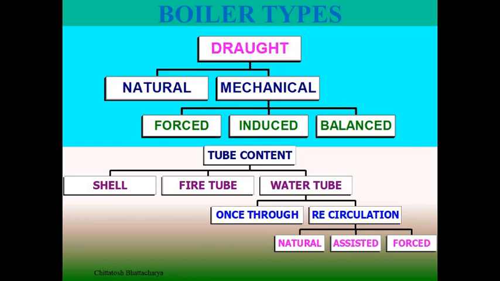Again, these water tube boilers may be once through type, where there is no circulation of water steam mixture within the system, or recirculation type, which may be naturally recirculated, assisted recirculated, or forced recirculated with some pump.